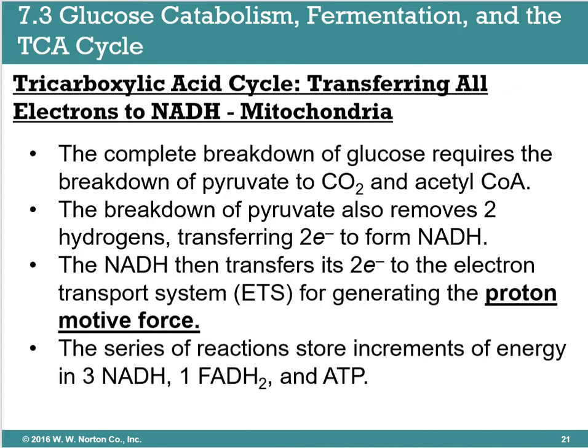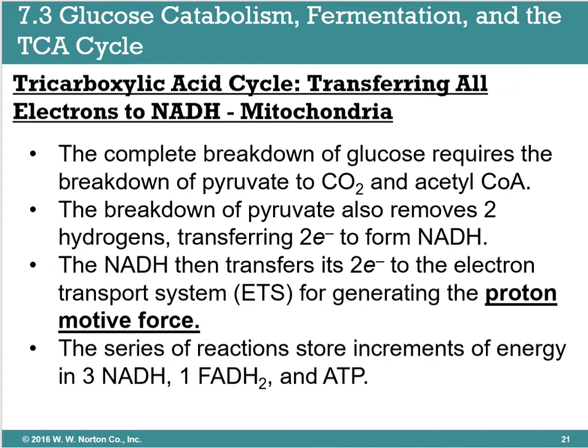In order for them to enter the TCA cycle, the original glucose that they consumed has to be completely broken down to pyruvate, and that pyruvate needs to be broken down into carbon dioxide and acetyl CoA. With the pyruvate being broken down, there are two hydrogens floating around, meaning there are two additional electrons that can form NADH.